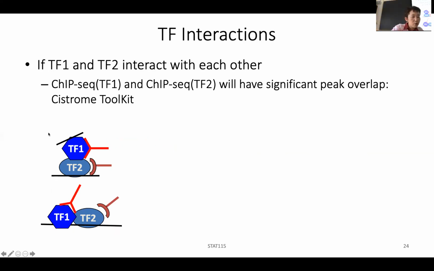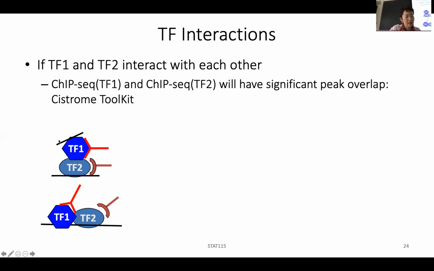Or it could be a big loop: TF1 binds to one place, there's a loop in the DNA, and TF2 binds far away, but because they interact, in the cross-linking step you will cross-link TF1 to its DNA, TF2 to its DNA, and also TF1 and TF2 together. So it will form a chunk together. Then when you sonicate, this will be sonicated into shorter pieces. When you sequence the data, you might notice, for example, that within this peak, it has the motif of TF1 and it also has the motif for TF2.